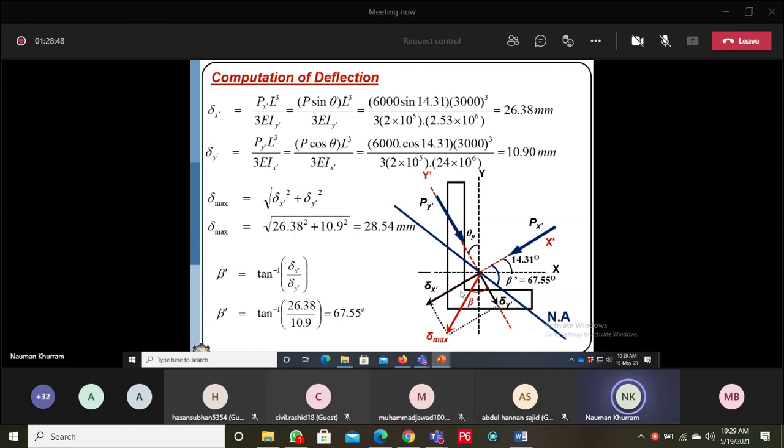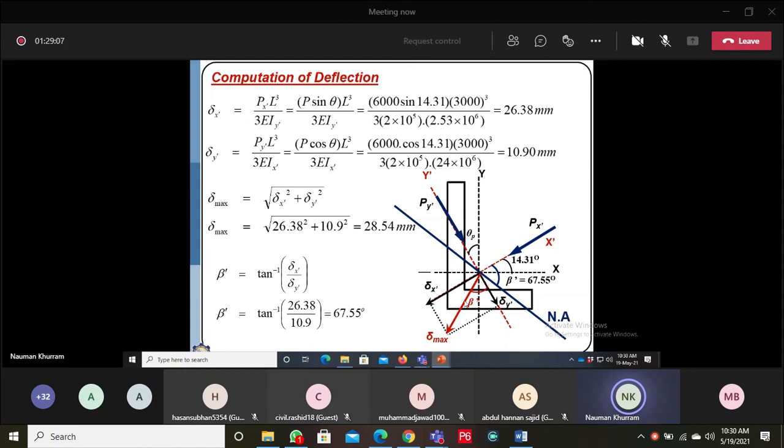But actually the beta value that you have computed is from the x principal axis, while this value is given from the y principal axis. Actually this angle and this angle will be the same, and this will not be the principal neutral axis.